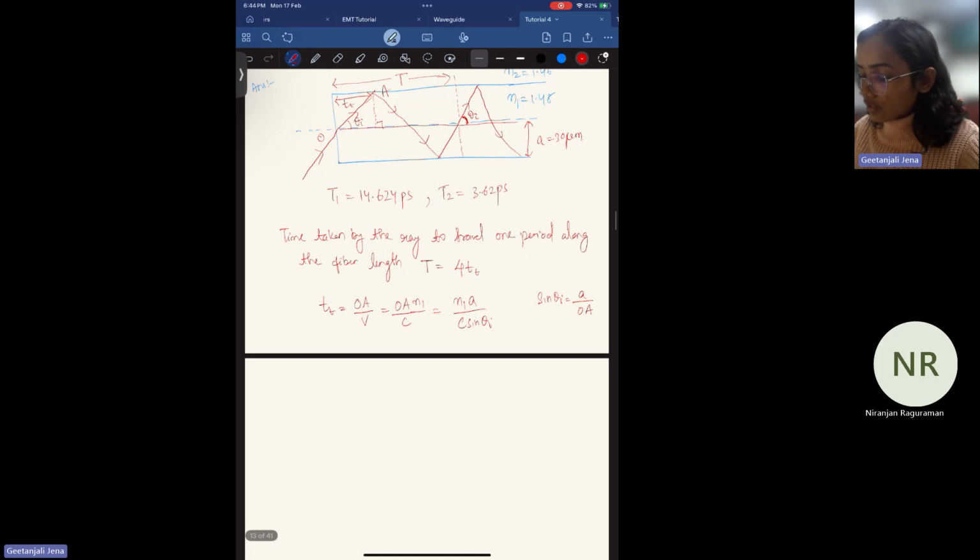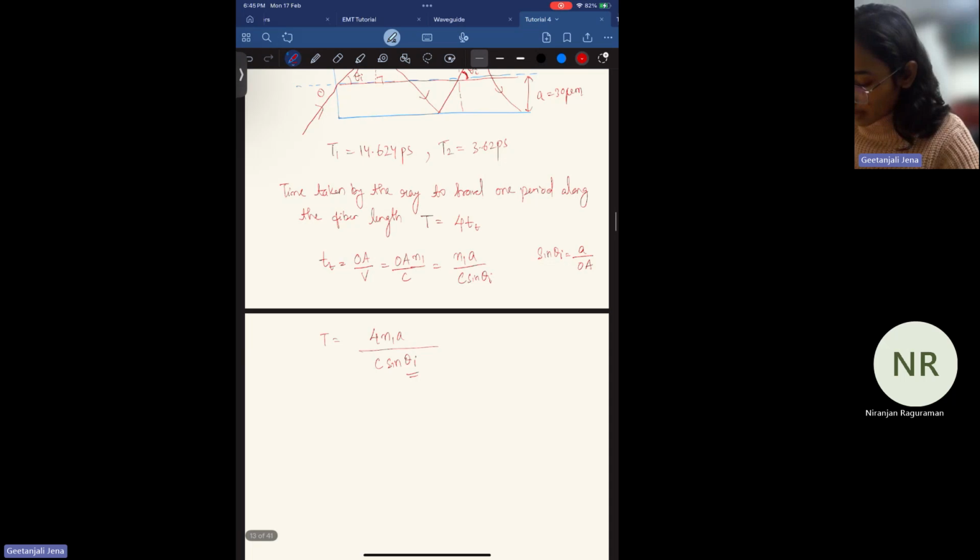So that means T will be 4 times dt, which is 4 n1 A by c sine theta I. We need to find out what theta I is when T is given. So this is easy to calculate. Let us see the first one.